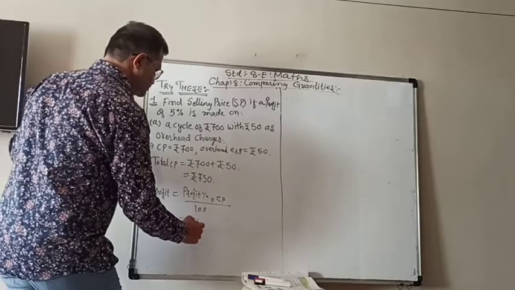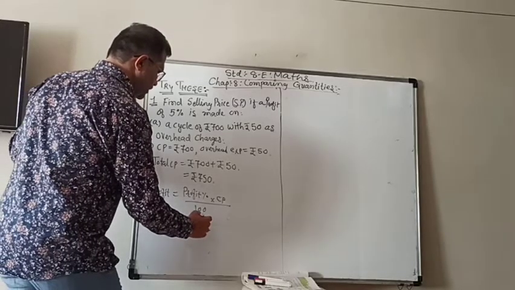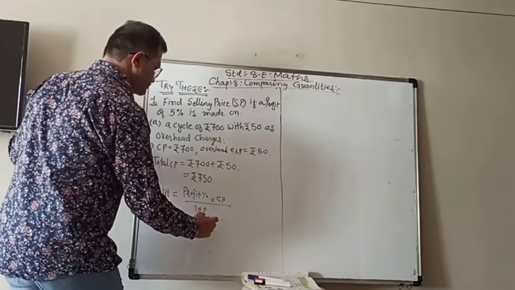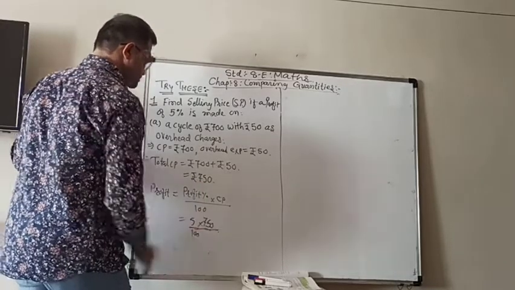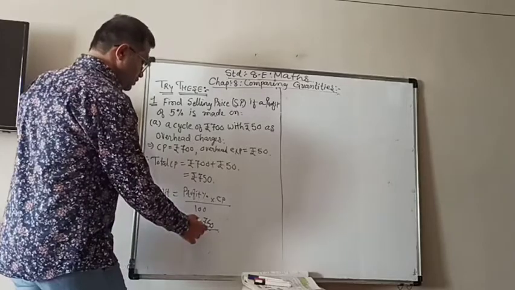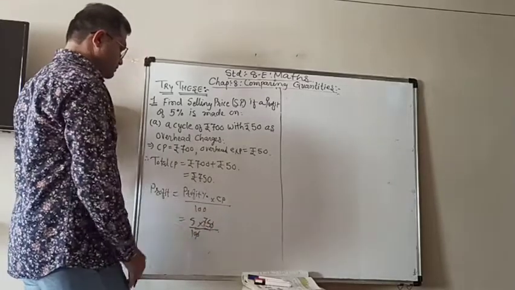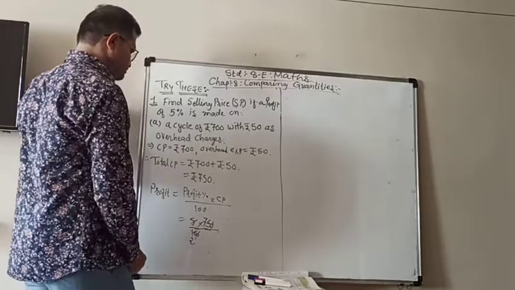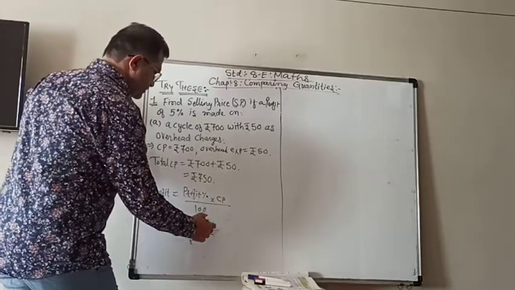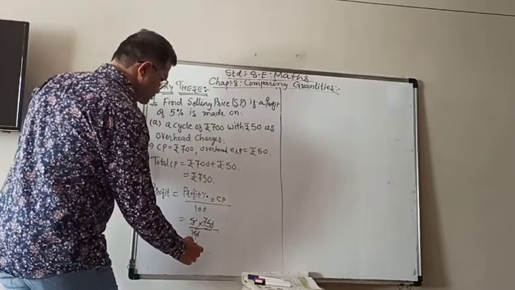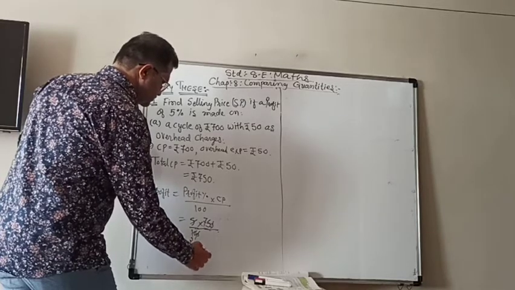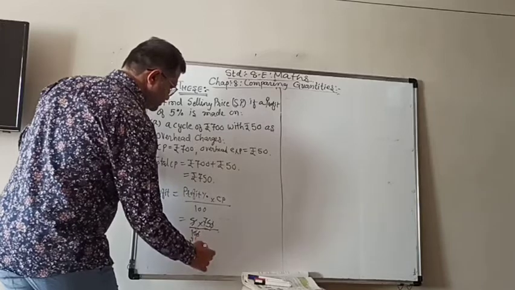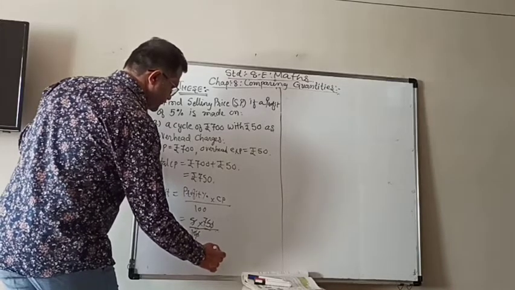So 5 upon 100 multiplied by 750. Now 0 cancel. 5 2s are 10. 75 upon 2 and that is rupees 37.50, half of 75.